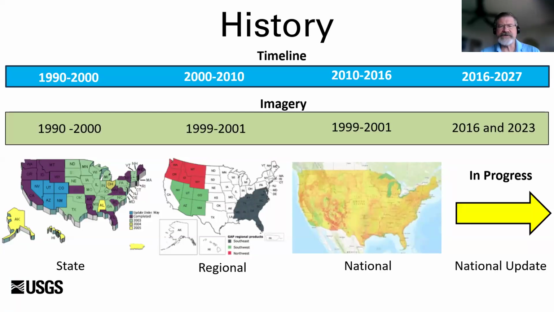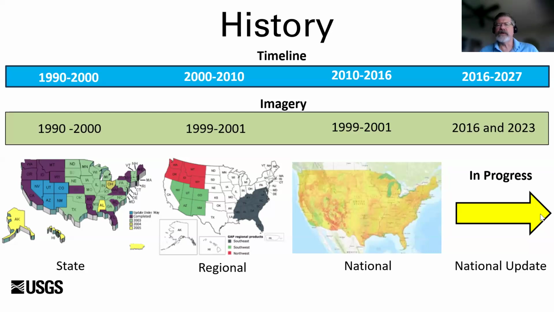We did these regional projects and we wanted to move up and do a national effort. We were able to complete that in 2016, and that was still based on imagery from 1999 to 2001, but we were able to do it for the entire conterminous US. The products I'll show you in a minute.